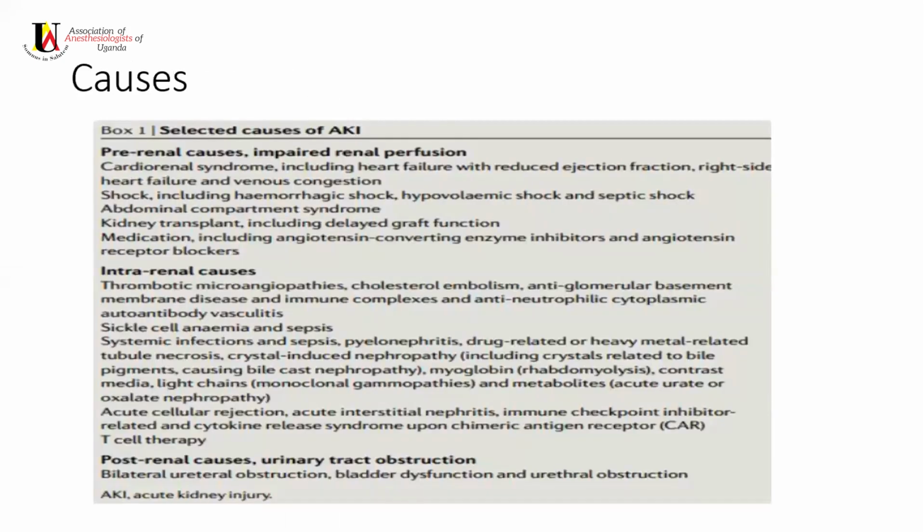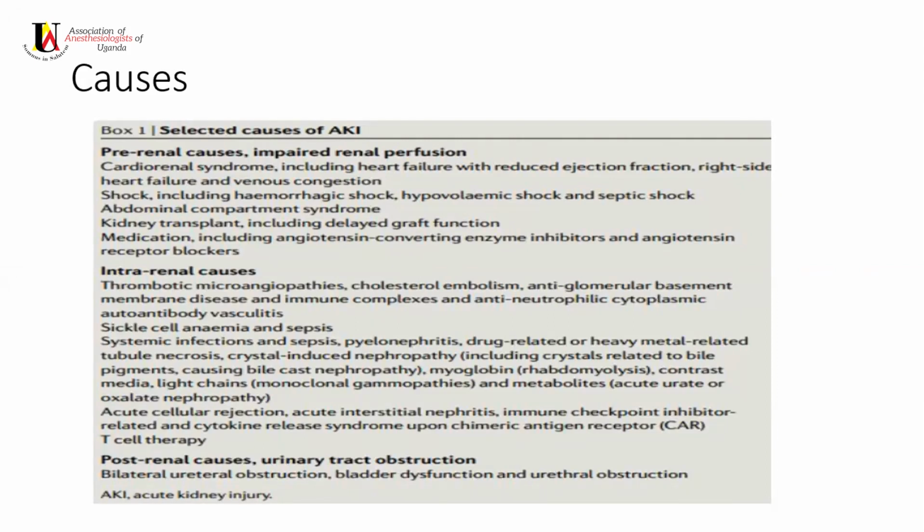So we'll talk about some of the causes. This is kind of crowded. It was picked from somewhere, and it really shows us just some of the causes that you can get from the pre-renal, renal, and post-renal causes. The commonest causes in the pre-renal, you have cardiorenal syndrome, you have shock, heart failure, abdominal compartment syndrome, and some of the medications that could cause you that.